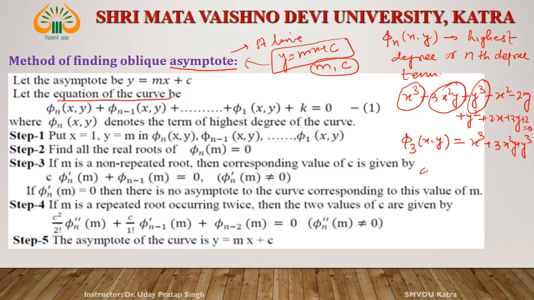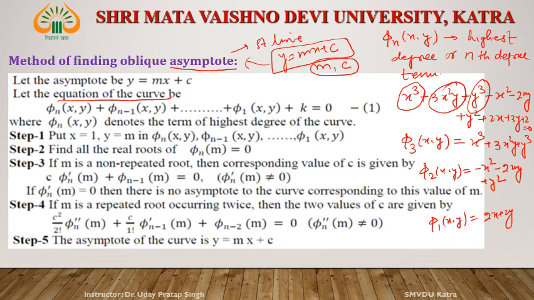Now, what is phi 2 of x,y? Phi 2 of x,y is all the second degree terms, right? Minus x square minus 2xy plus y square. This is phi 2. What is phi 1 of x,y? First degree terms, 2x plus 3y, right?